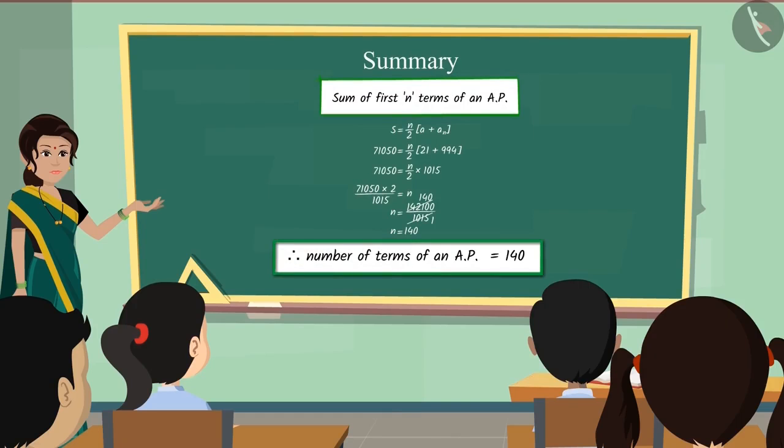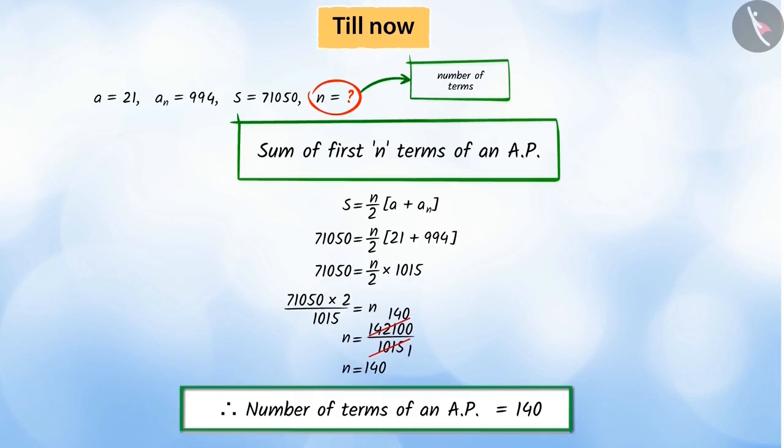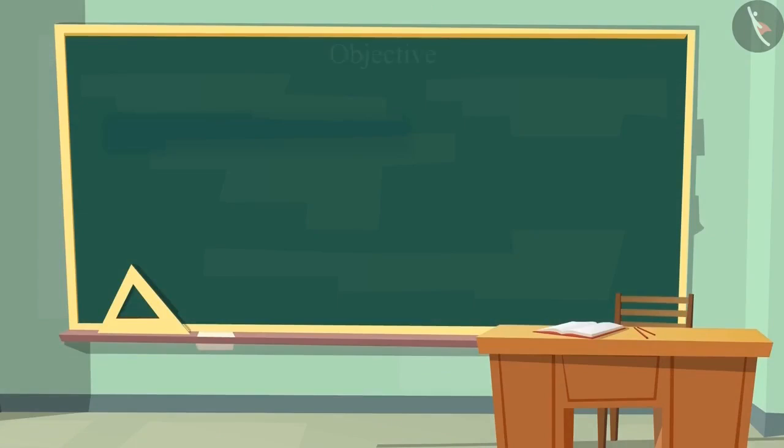Today, in this video, we have looked at some interesting examples based on the sum of the first n terms of an arithmetic progression. In the next video, we will see some simple mistakes that can occur while solving these types of questions.